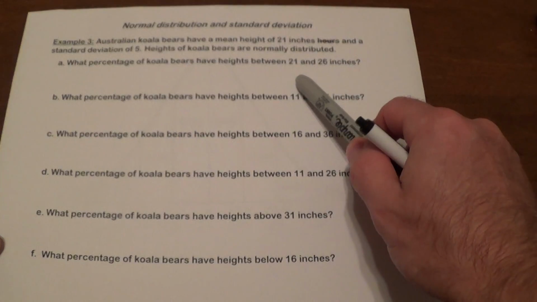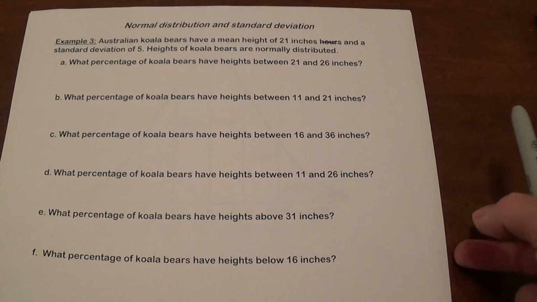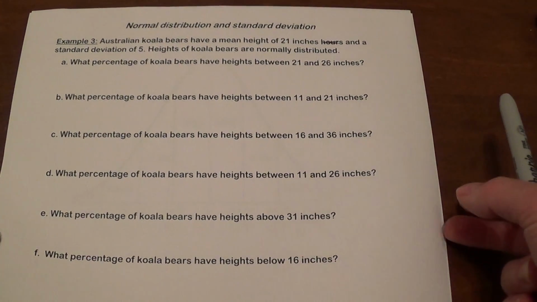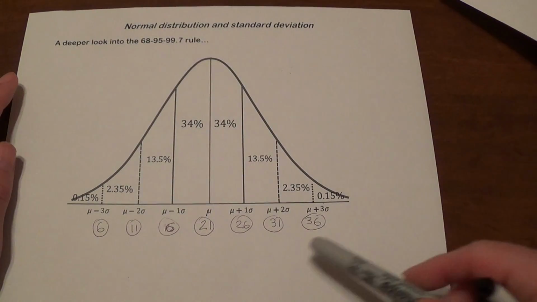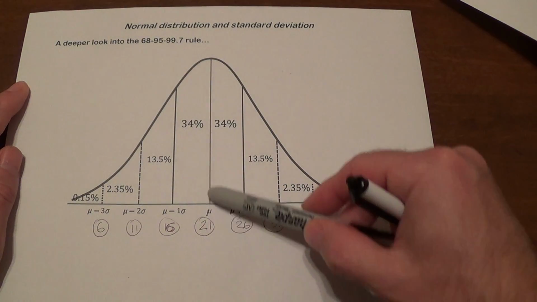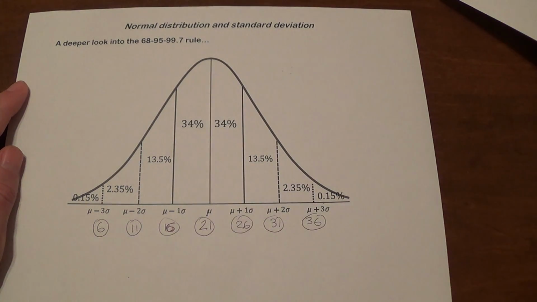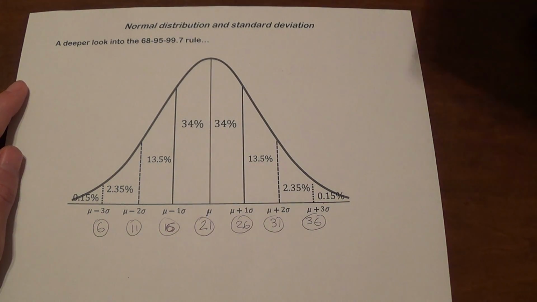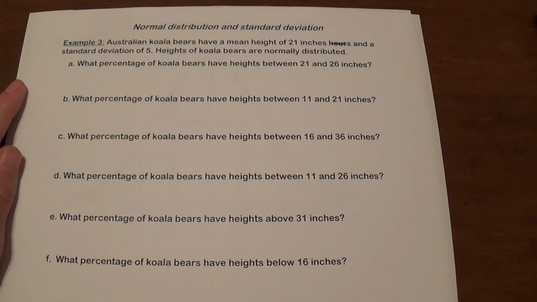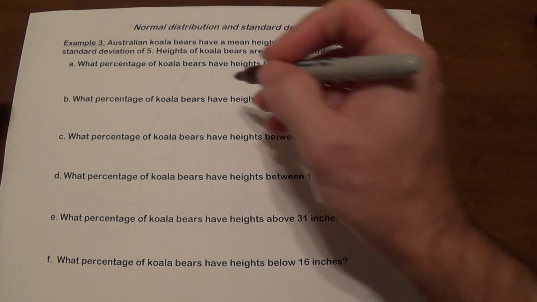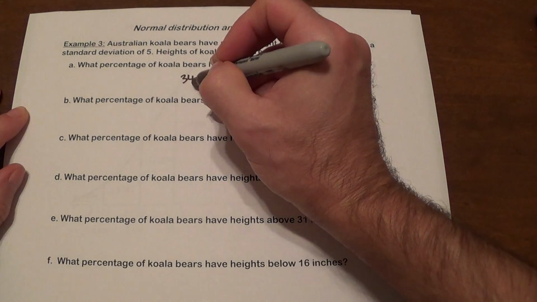Okay? So between 21 and 26. Let's do that first. 21 and 26. See this here? Your answer is going to be 34, half of 68. So 34%.